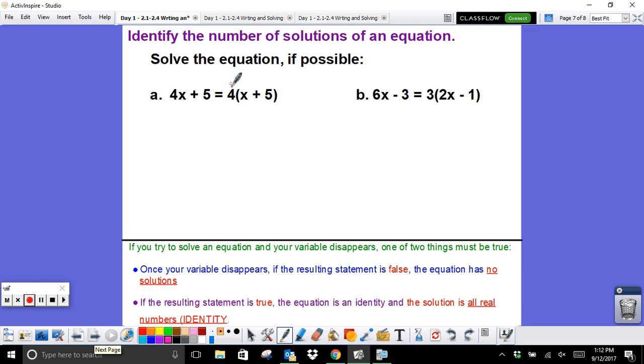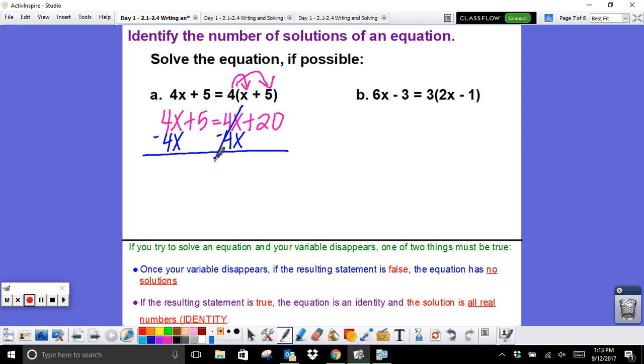So let's just start to work this out. I'm going to distribute this 4. So I have 4x plus 5 equals 4x plus 20. Again, I would always get your variables together first. That's not a hard rule, but it's just going to help you out, especially on problems like this. So I'm going to subtract 4x.